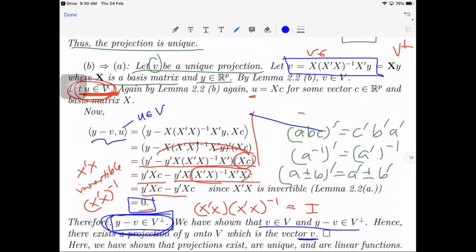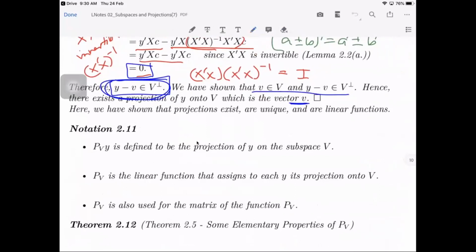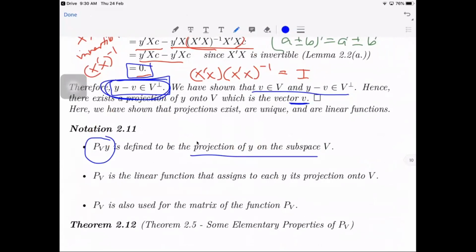X prime X inverse X prime Y. Okay, so these notations is defined as the projection of Y onto the subspace V. It can also define in other literature as a linear function that assigns Y, each Y its projection on V. Sometimes this notation is also used as matrix for function of the projections.